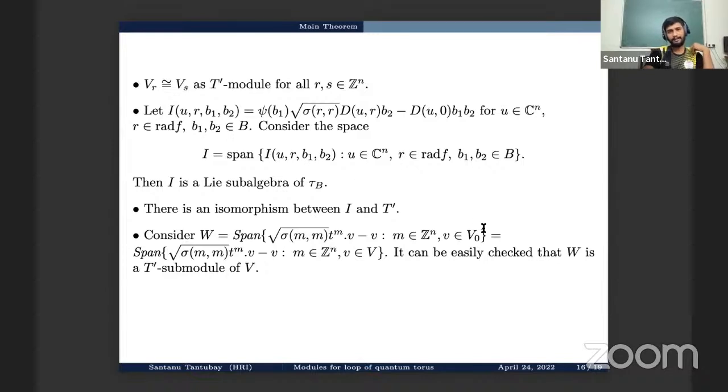And what we can see is that this will be exactly equal to the span of root over sigma_mm T^m action on v minus v, where here v is running all over V, capital V. And we can prove that this subspace is a T' submodule of V. And if we take the quotient module, that means V quotient W, then V quotient W will be isomorphic to the zeroth component of the weight space as a T' module.